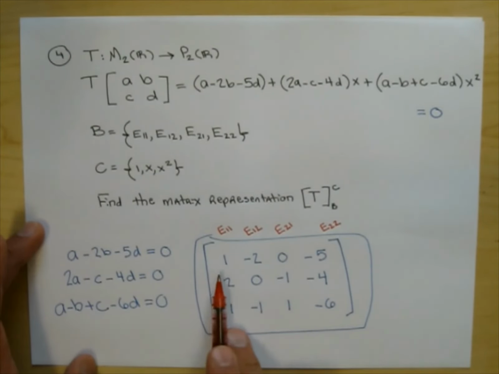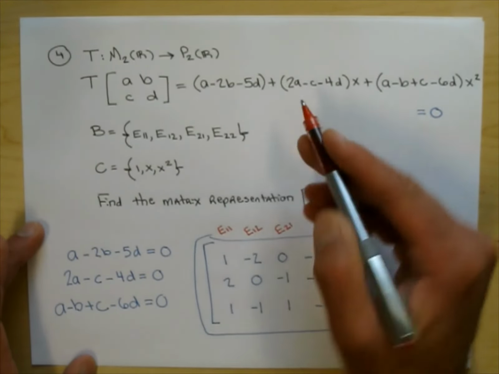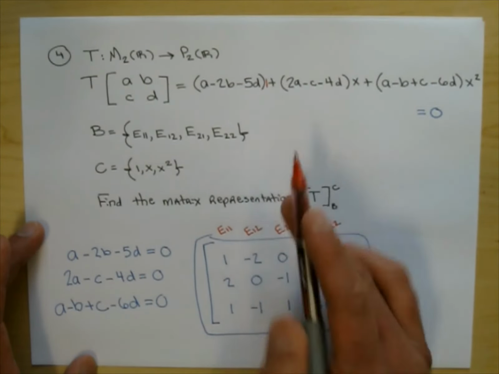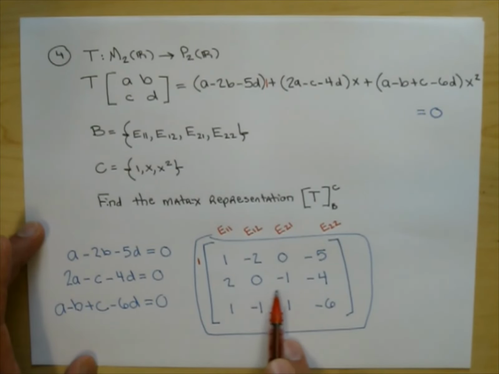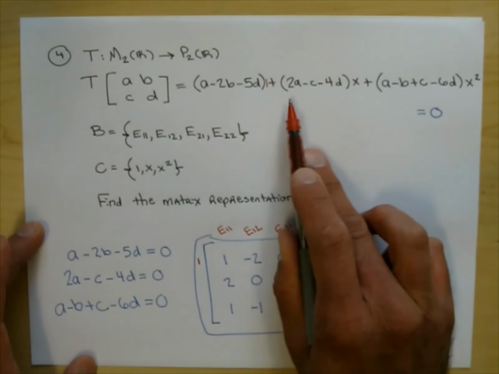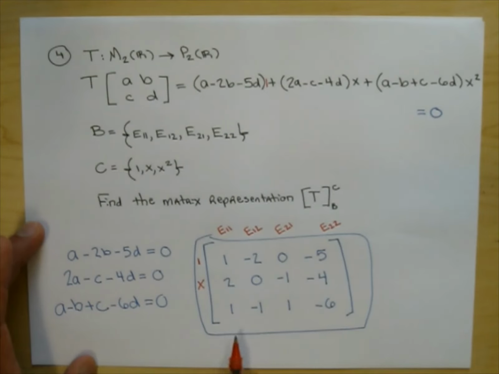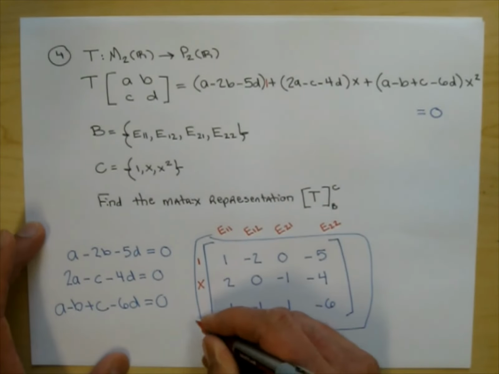Now the rows. How did we get the first row? We set that thing equal to 0. There's actually a 1 there, and that's the one that went with 1. The second equation was the coefficient of the x. And the third row gels up with this equation, which is the coefficient of the x squared.